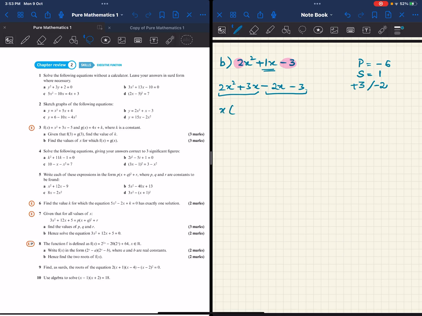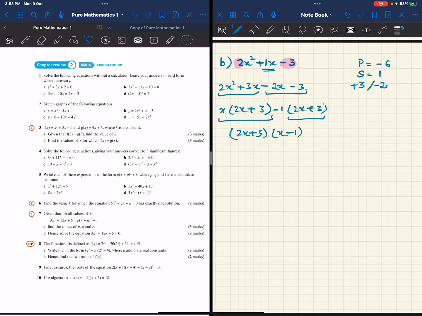So x into 2x plus 3. Last two terms, -1 is common, so -1 into 2x plus 3. And again we have two terms. From both the terms we remove the common factor, which is 2x plus 3, and we are left with x minus 1.